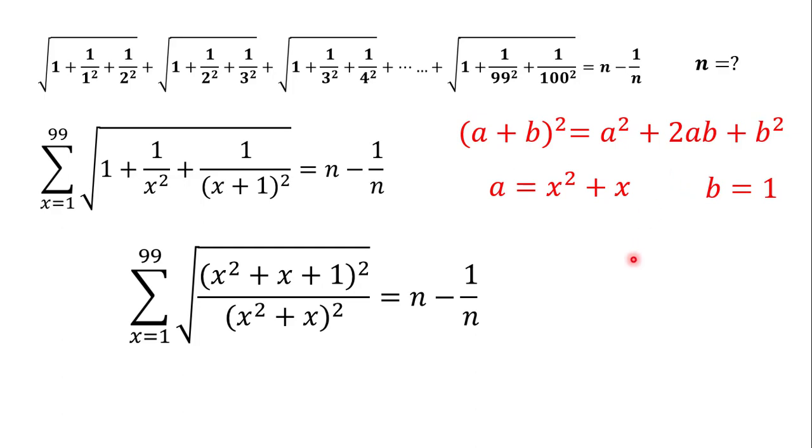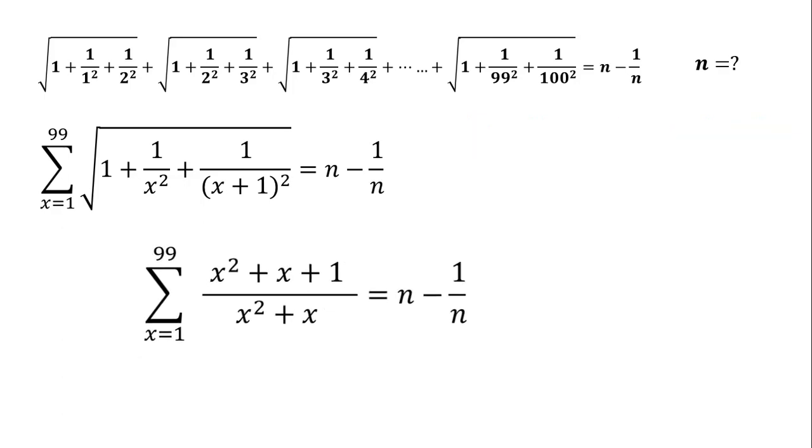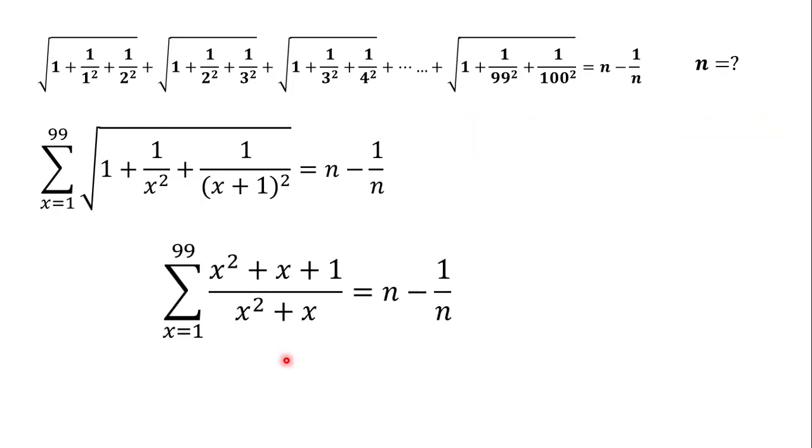By using this standard algebraic identity, I get a perfect square in the radicals, and so it can have its square root pulled out of the radical.